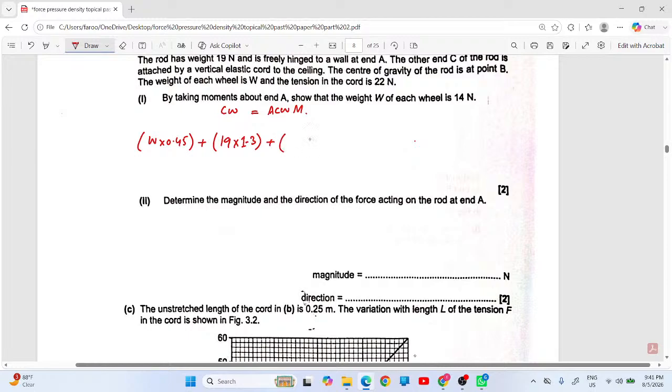Next is 1.85 and the weight is unknown. And on the anti-clockwise side, you have 22 into 2.6, which is the total length.